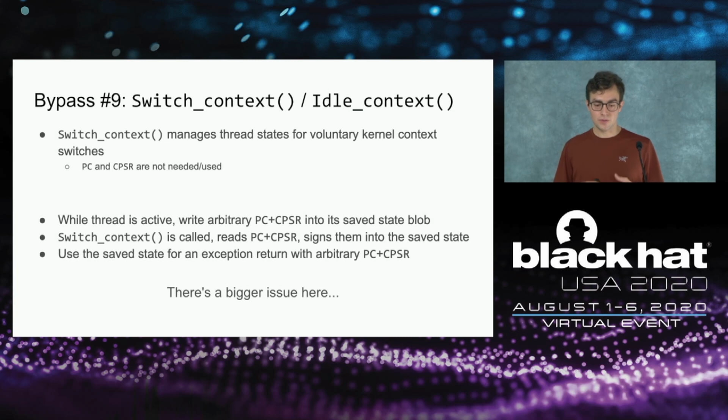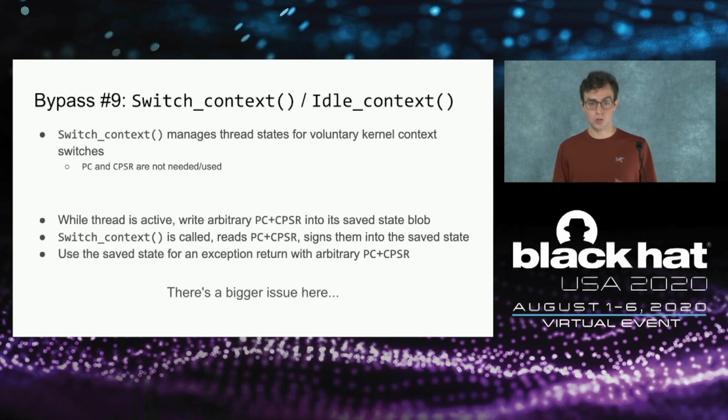Switch context is responsible for managing thread states for voluntary kernel context switches, and because this is really doing voluntary context switches between kernel threads, that's the reason why these PC and CPSR registers aren't needed, and why this thing isn't fundamentally broken. But what it enables is a really straightforward PAC bypass.